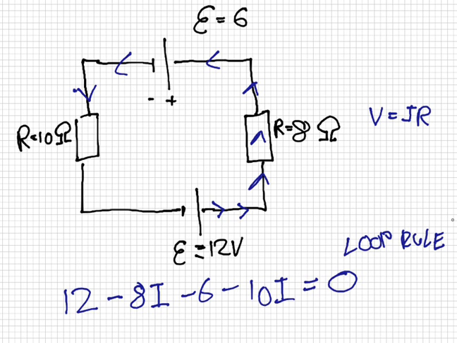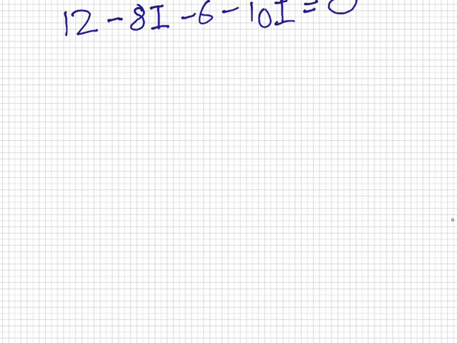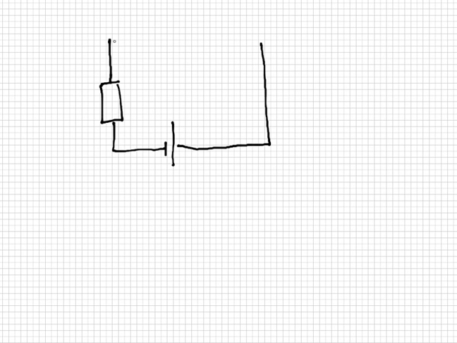Can I do the next example? Okay. So next circuit. Okay, so we have resistor, battery, and then resistor.